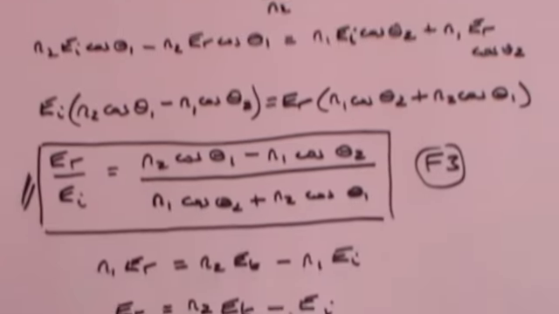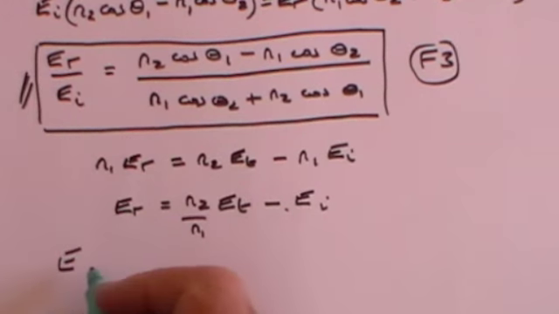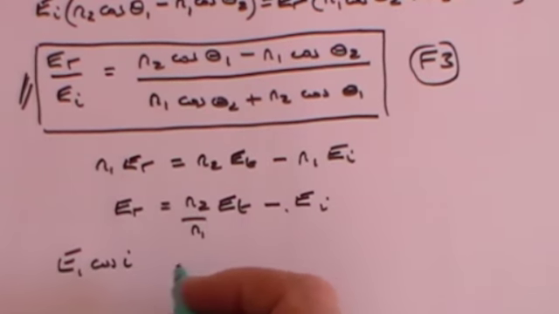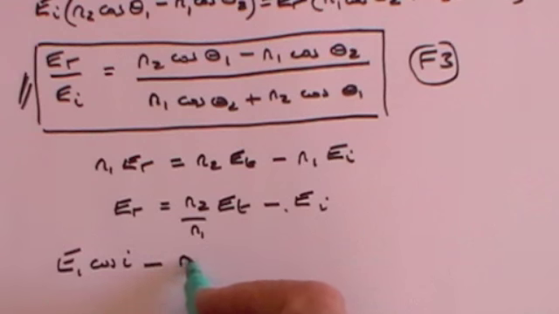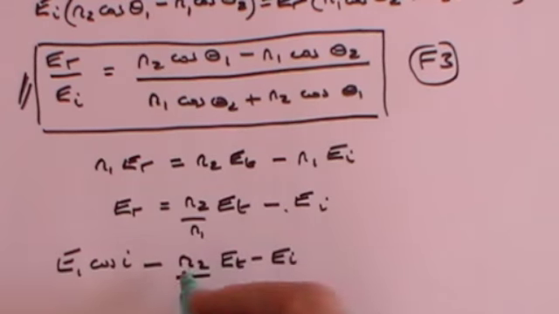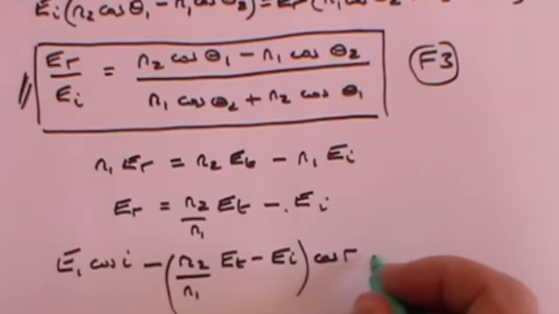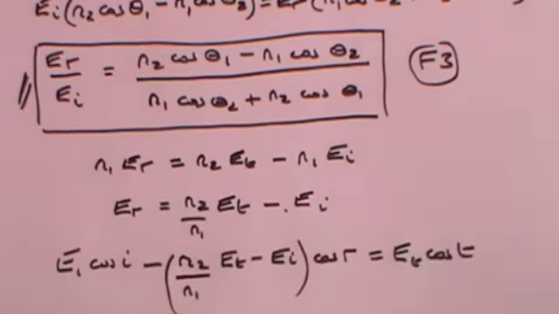Unfortunately, we can't see them both on the screen at the same time, but what that will give you is that EI cosine I minus, and now instead of ER, we're going to have this term here, so it's minus N2 over N1 ET minus EI, that's all ER, times the cosine of R, equals ET times the cosine of T. So in the next line, what we're going to do is to multiply through by N1 and change I and R to theta 1 and T to theta 2.